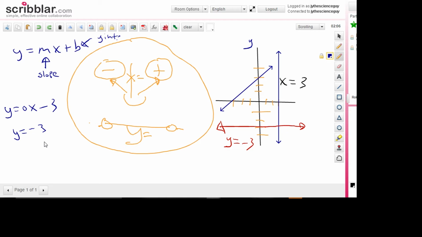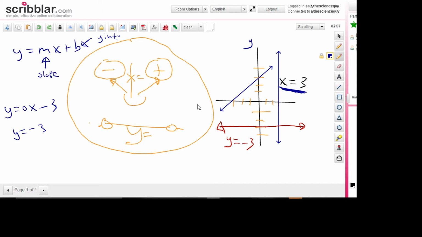Got it. Now I'm going to do the blue line. So the slope is undefined, right? You don't have a slope there.